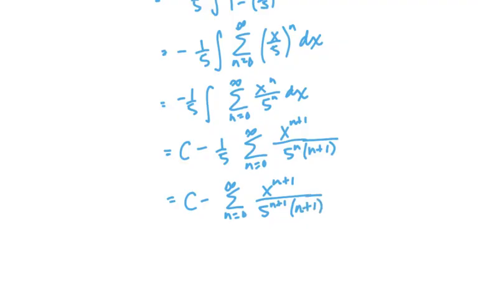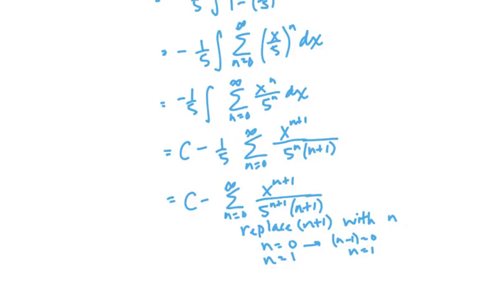Now, notice that everything is in terms of n plus 1. So we're going to replace n plus 1 with n, which is the opposite of what we did before. So before we had n equals 0, and so this becomes n equals 1, because n minus 1 equals 0.